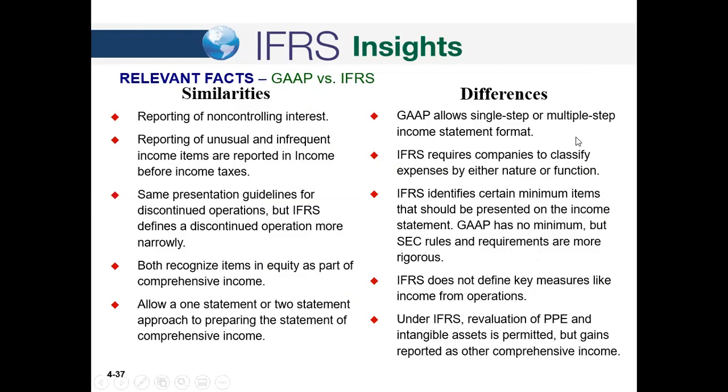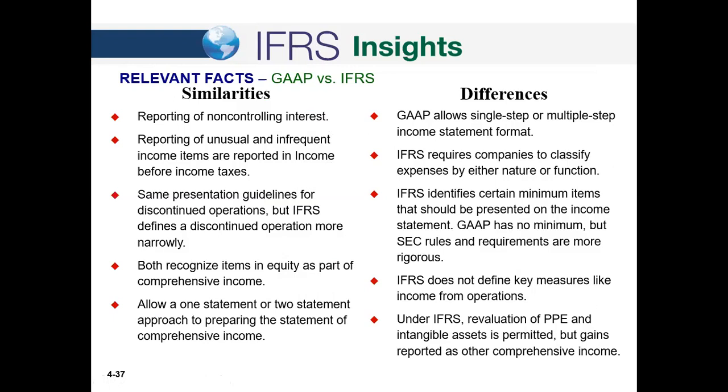Some of the differences: GAAP allows for a single step or multi-step income statement format. IFRS requires that companies classify expenses either by nature or function. IFRS identifies certain minimum items that should be presented on the income statement.